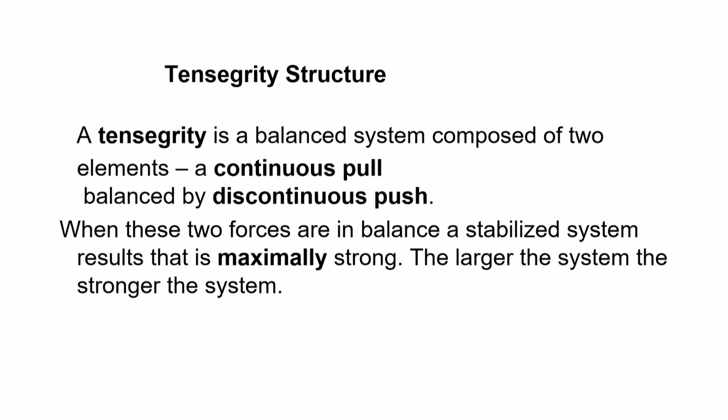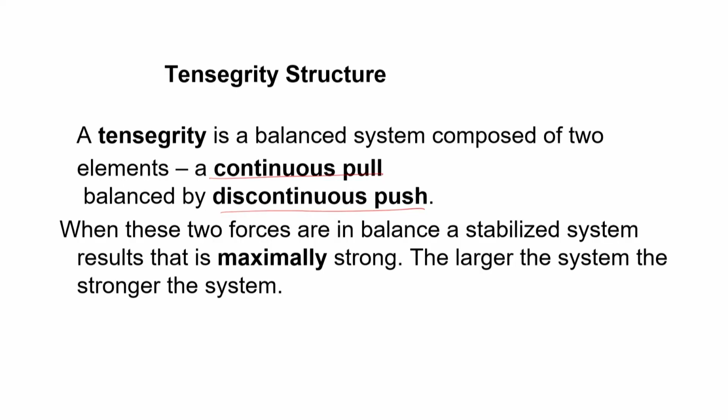What is so specific about a tensegrity structure? It is a balanced system which has a continuous pull and a discontinuous push. The easiest example is the kites that we use. The paper membrane in the kite has continuous pulling, a tensile load, and the sticks that we join, one straight and one curved, give discontinuous push.